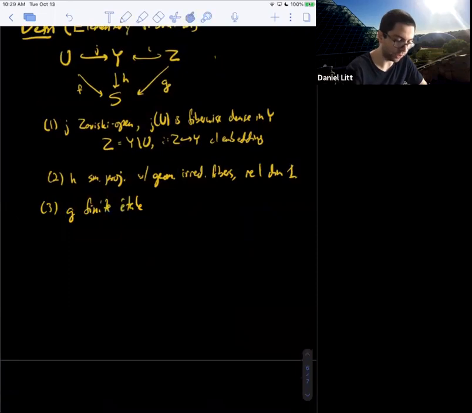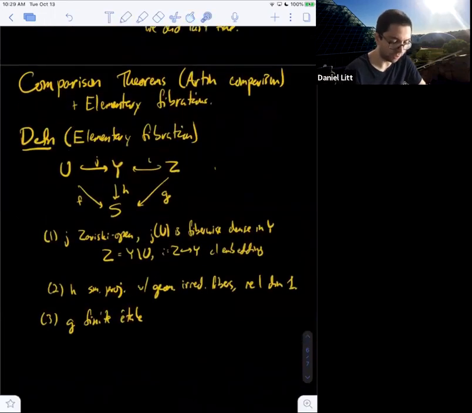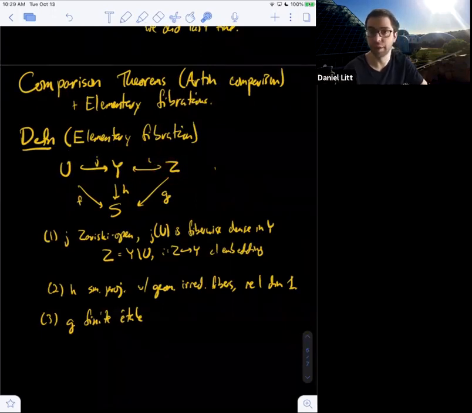In words, what's happened is we have our open set U, which is typically the object of interest. We write it as an open inside of a smooth proper curve bundle over S. Moreover, the complement of it is finite étale. It's a disjoint union of étale multisections.